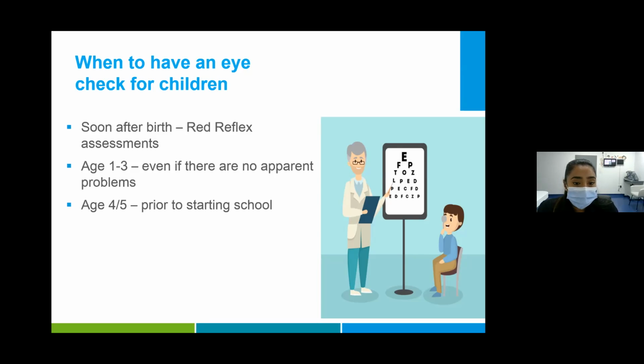Between age 1 and 3 is also a good age, even if there are no apparent problems. Usually we advise this, especially if there is a family history of eye problems, so parents or siblings having eye problems. At this age, a child is usually interacting and even communicating, so an assessment can be fairly accurate.